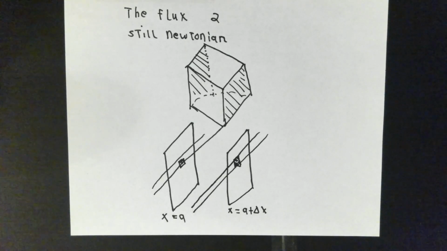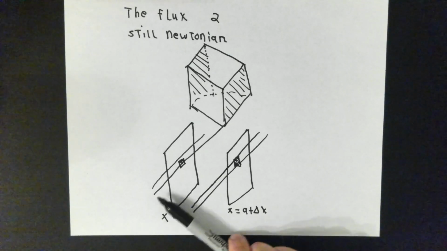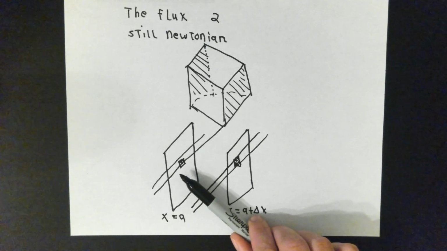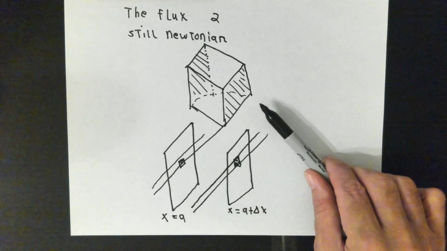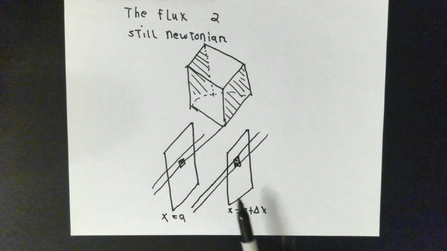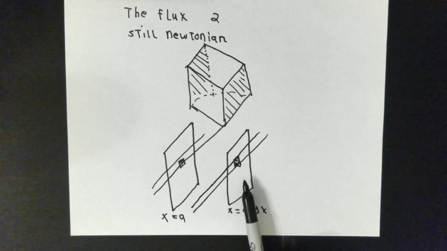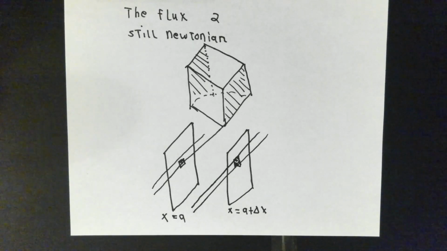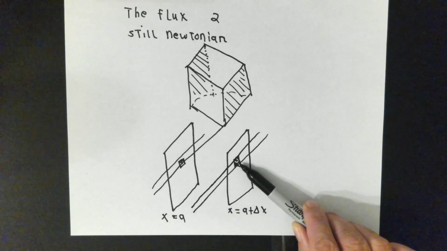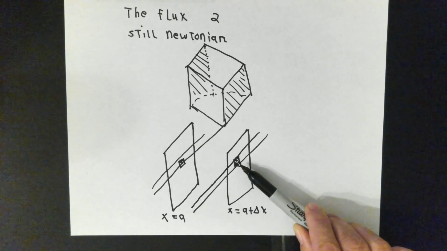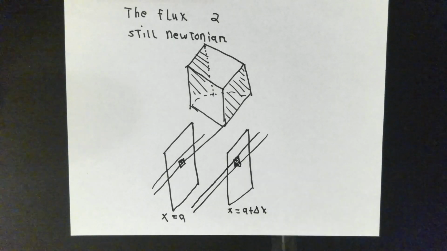It's entirely possible that a dust particle could enter through this small piece of this square and exit through the top of the cube, missing this side altogether. It's possible that a dust particle could enter the cube through the bottom of it and exit through this piece of area that we're looking at.